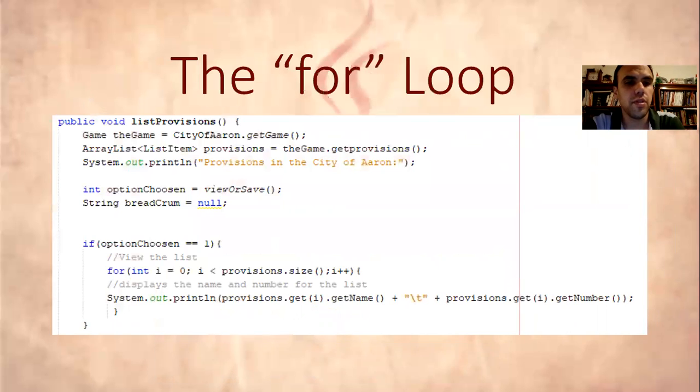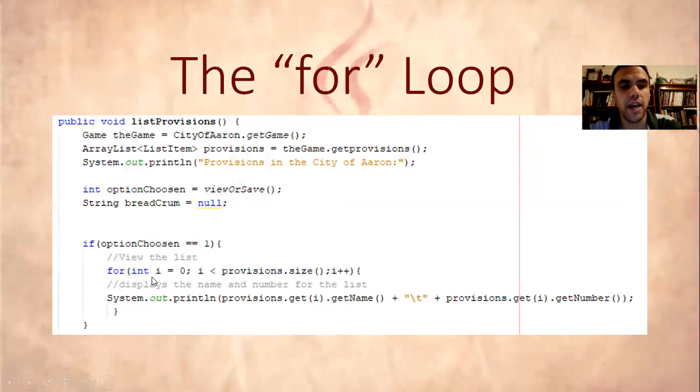The for loop. Here I have a for loop. I have a variable called option chosen that gets called from here, view or save. View or save is a method that asks the user for input. So after the user enters an input, if it is equal to 1, it's going to go into this for loop.